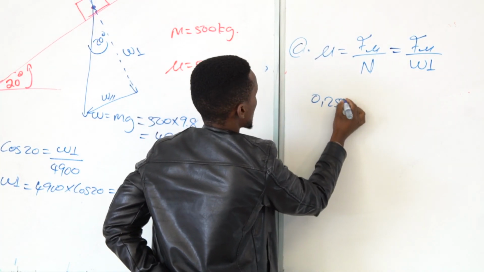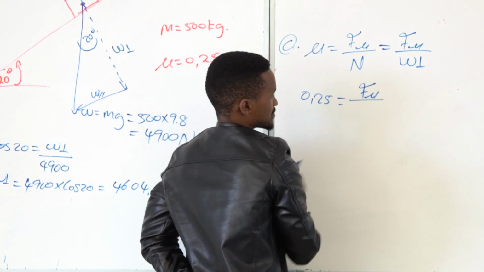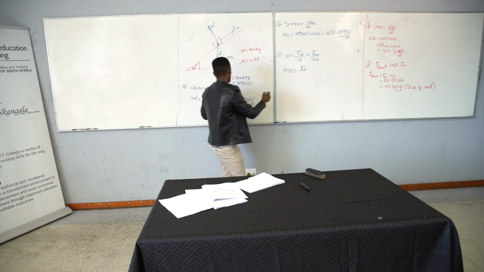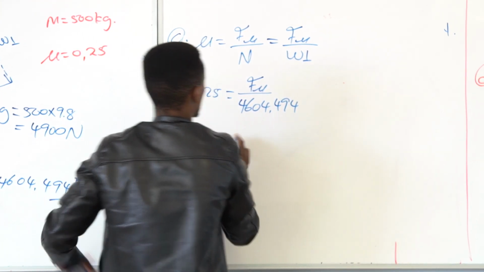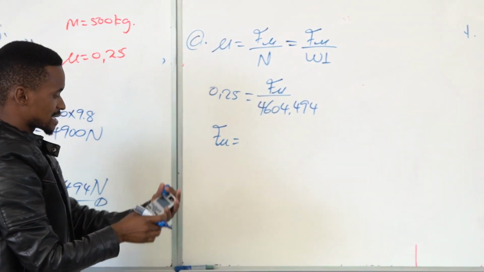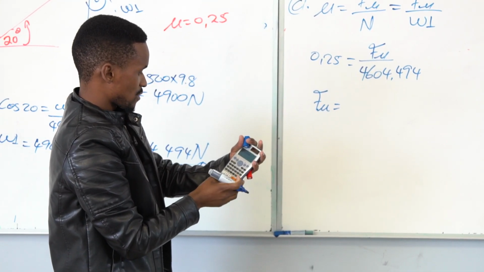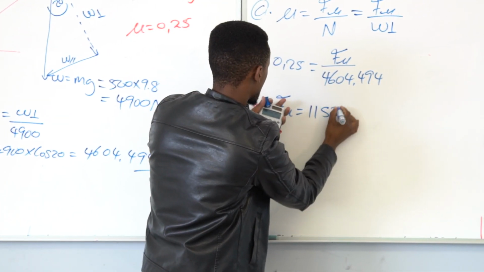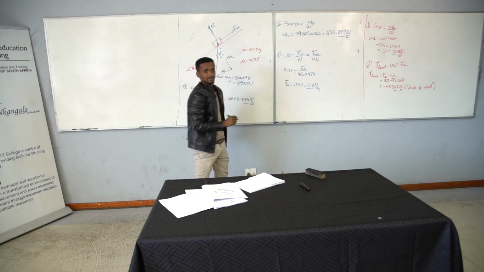We have 0.25 equals the frictional force, which is unknown, divided by the perpendicular force, which is the one that we calculated, 4604.494. Then 0.25 times 4604.494, we're going to get 1151.124 newtons. This is the frictional force.